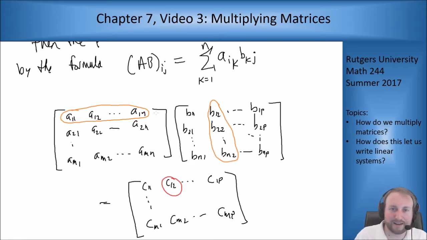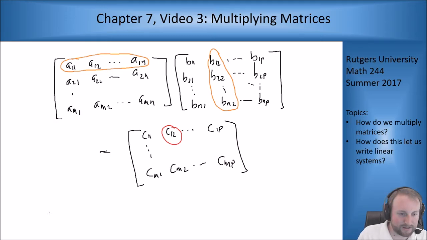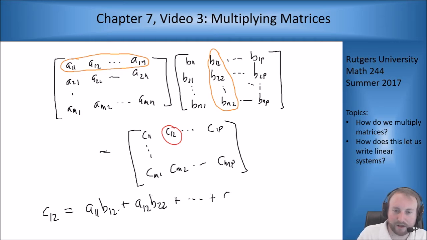So the end formula that I get is that C12 is going to equal A11 times B12 plus A12 times B22 plus A1n times Bn2. And this is why we need the number of columns in the first matrix and the number of rows in the second to be the same, because I need this to work out.